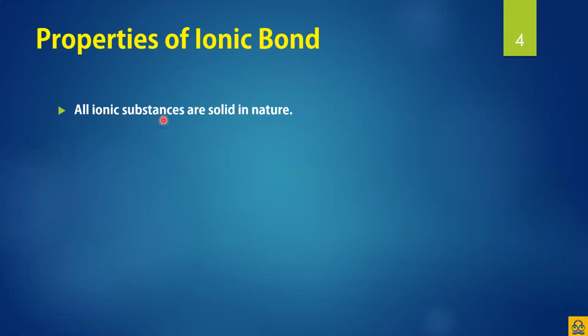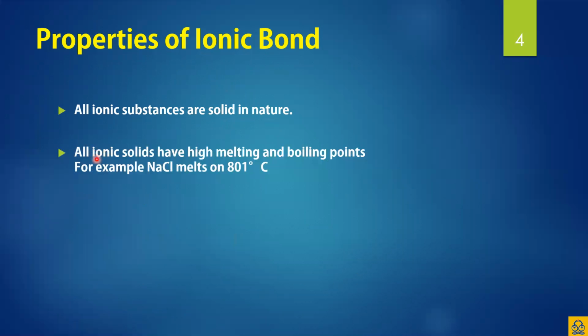All ionic substances, ionic compounds, are solid in nature. All ionic solids have high melting and boiling points. For example, NaCl melts at 801 degrees Celsius.